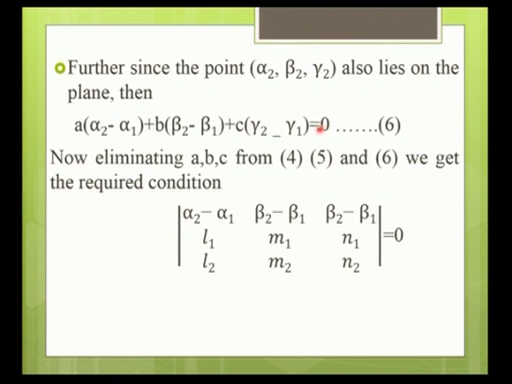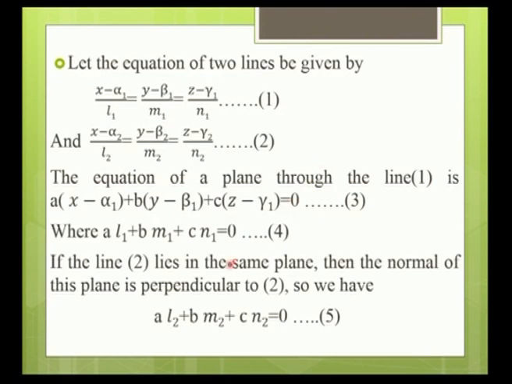Now, we need to eliminate a, b, c from equations 4, 5 and 6, where equation 4 is aL1 + bM1 + cN1 = 0, and equation 5 is aL2 + bM2 + cN2 = 0.